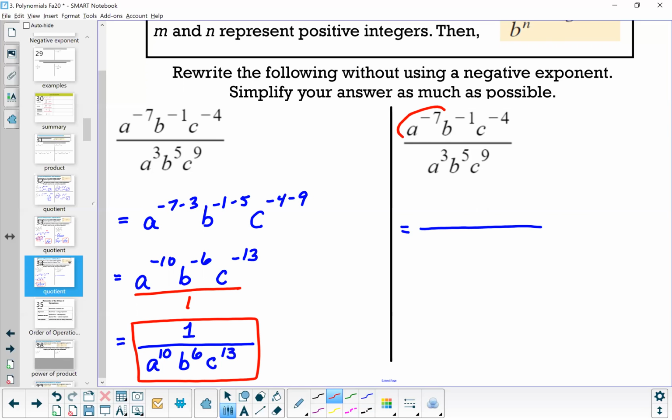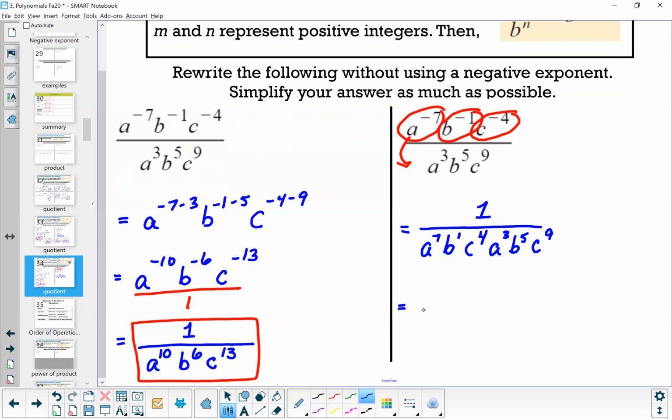A to the negative 7, b to the negative 1, c to the negative 4, all go across the fraction bar. So write that in the denominator as a to the 7th, b, I'll put to the first power, c to the 4th. In the denominator, we still have a cubed, b to the 5th, c to the 9th. And our numerator is 1.